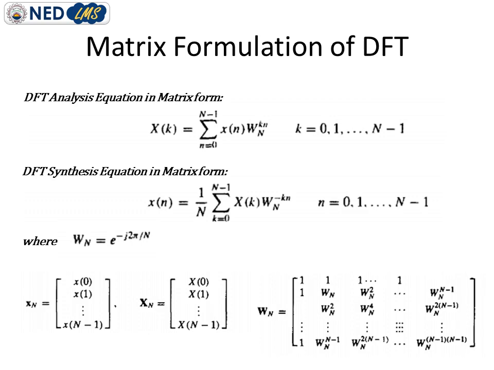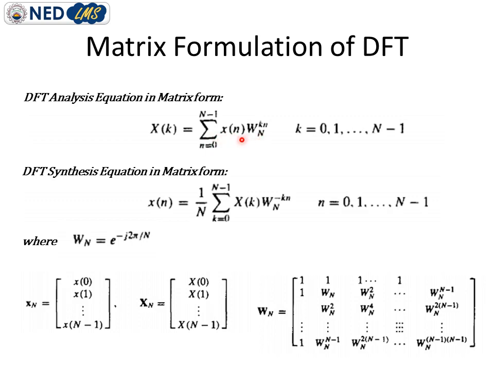But if you look at the variables used in the equations, these equations are basically representing a vector or matrix. If you see the analysis equation, then x of k is equal to the summation, with n varying from 0 to n minus 1, of the product between two matrices.